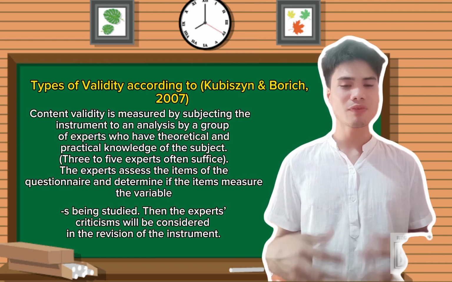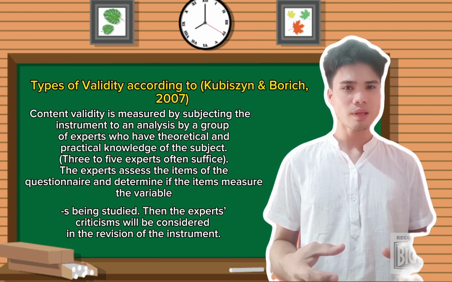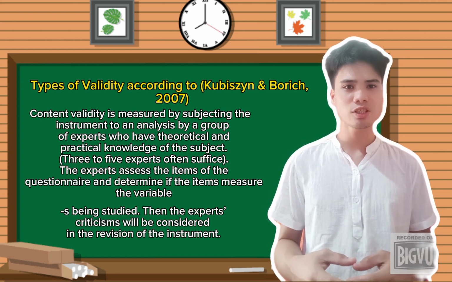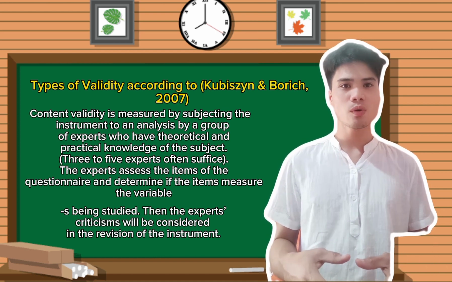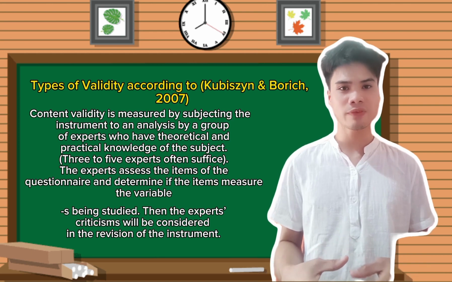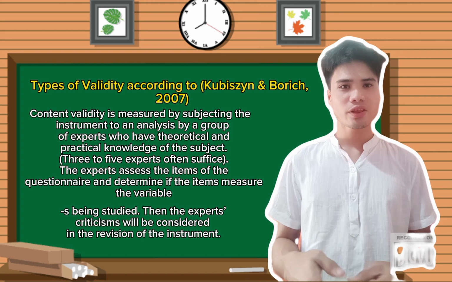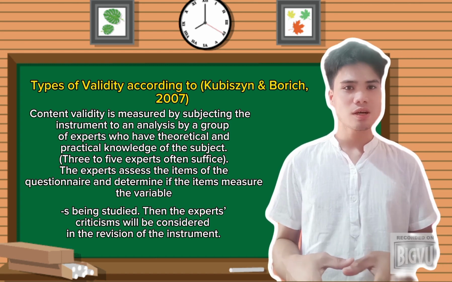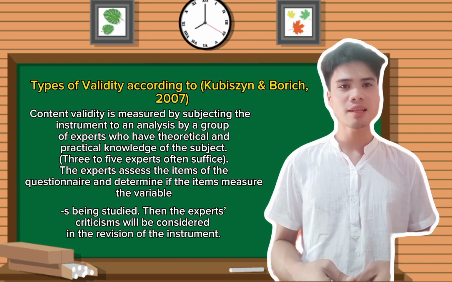So, content validity is measured by subjecting the instrument to an analysis by a group of experts who have theoretical and practical knowledge of the subject. Three to five experts often suffice. So, take note of that.